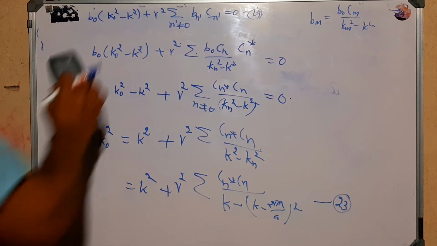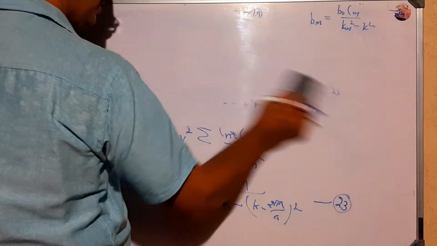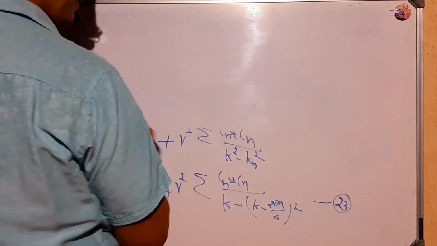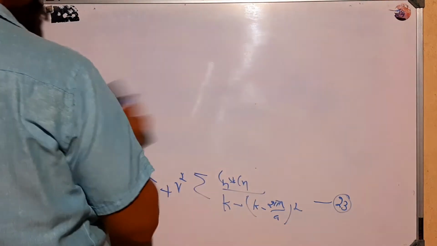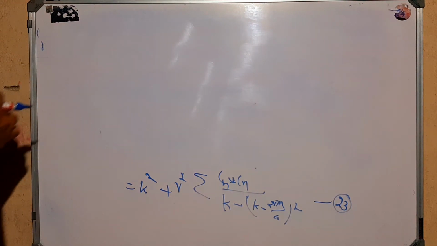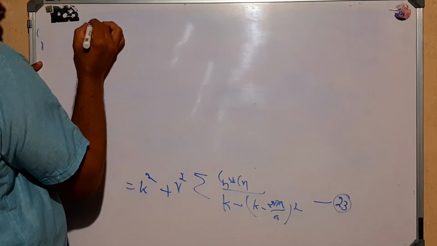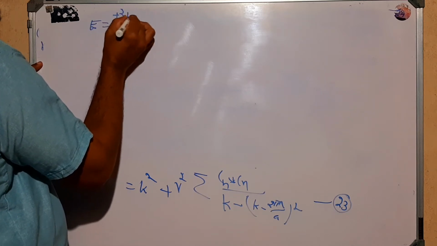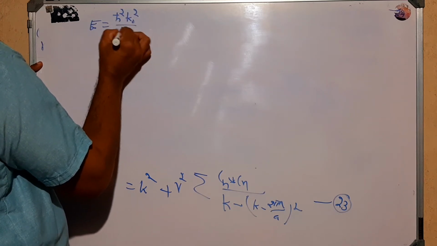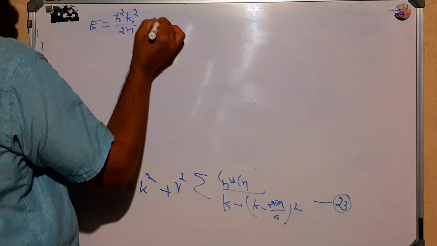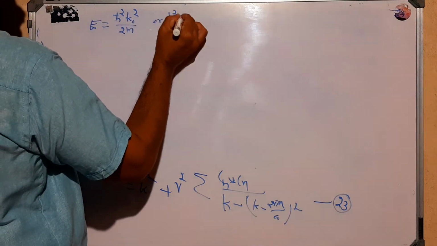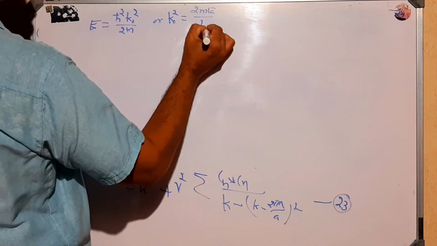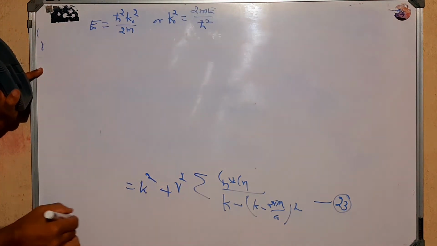So now what you have to do is simplify this. Now since we know that the energy E is equal to h cut square K naught square divided by 2m, or K naught square is equal to 2mE divided by h cut square.